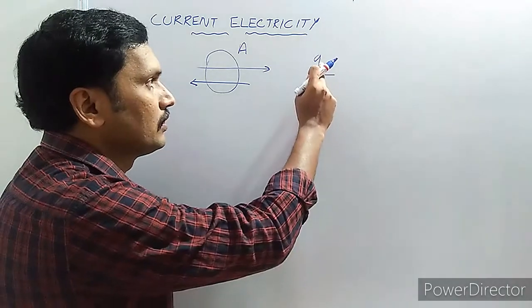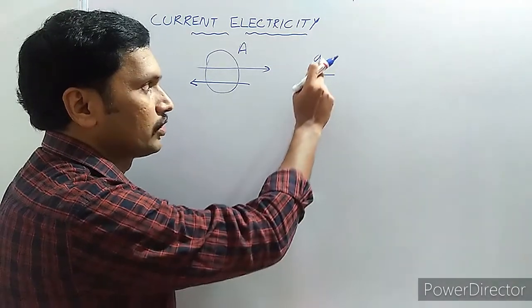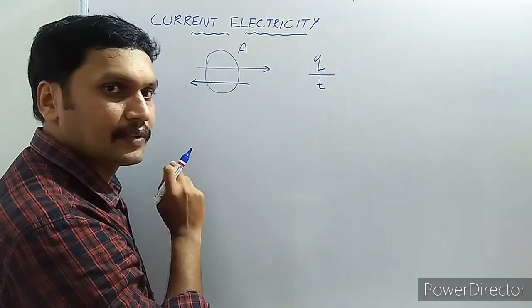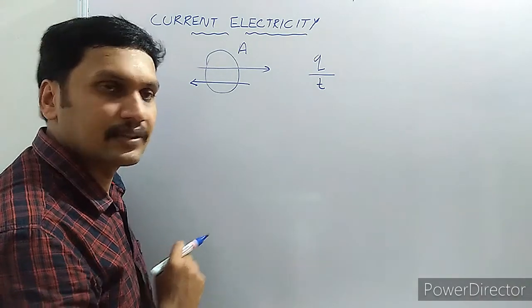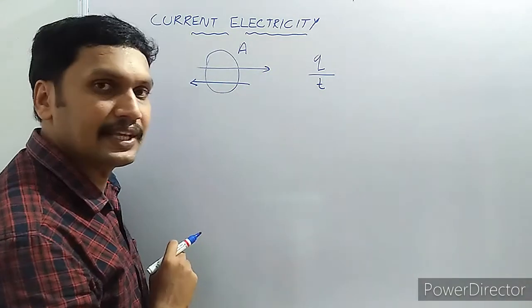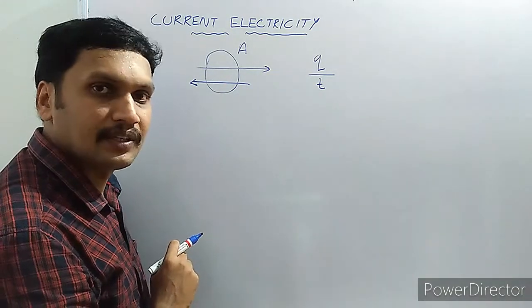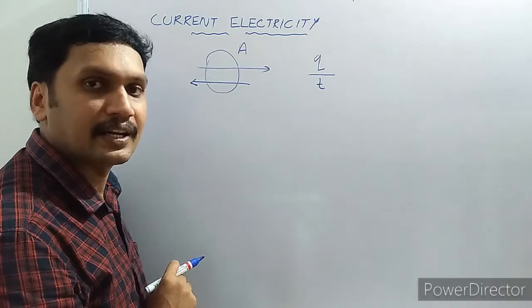Then the ratio between Q and t measures the amount of charge that flows normally through this area in a unit time, and that is known as electric current.